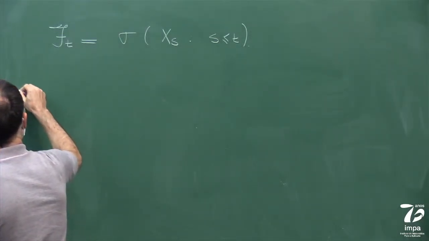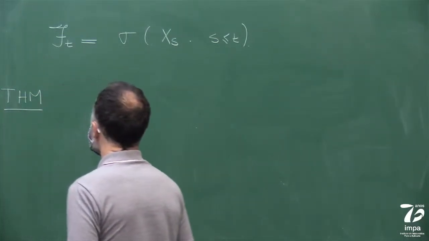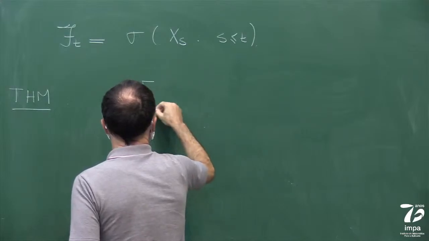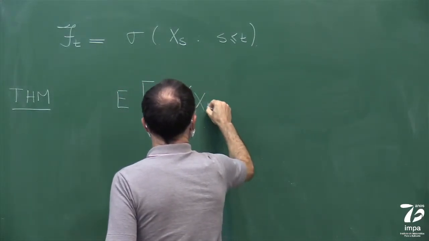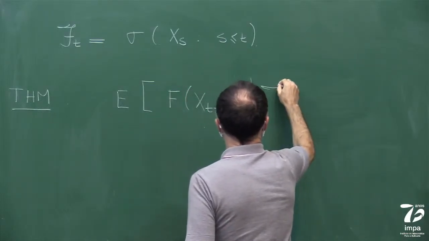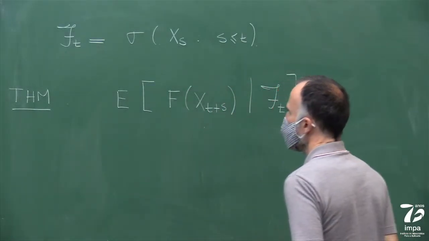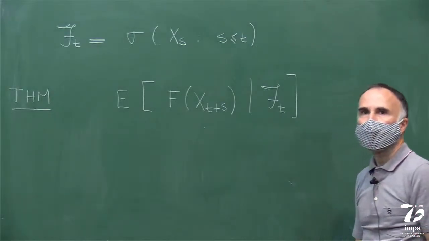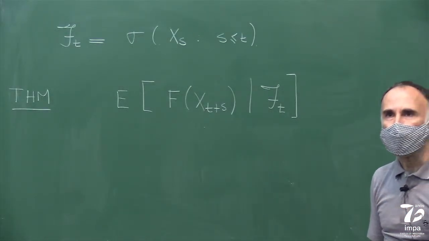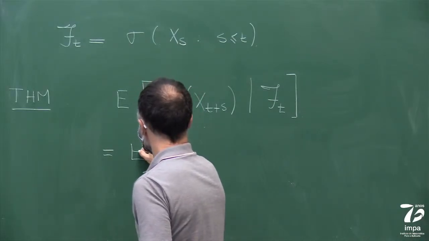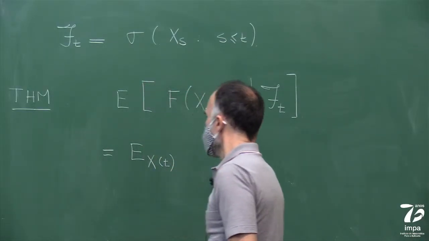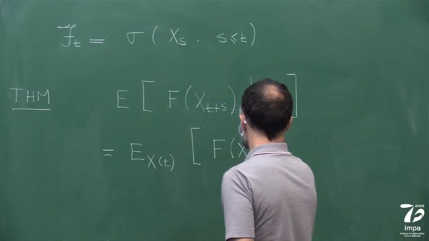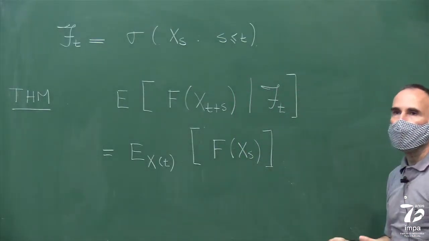And the main theorem I want to prove today is that if I take a function f at t plus s given F_t, so I'm computing the conditional expectation of a function computed at time t plus s given everything up to time t, this is equal to starting the process at time 0 at the position x_t and computing f, which is the Markov property.